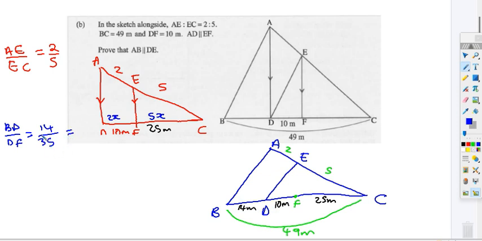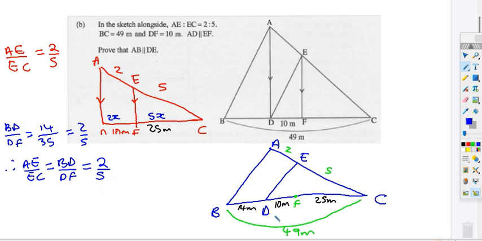And then reduce this one, divide by 7 here, we get a 2, divide by 7, we get a 5. Now you see that this side is equal to 2 over 5, and this side is 2 over 5 also. So therefore, AE over EC is equal to BD over DF, and that is equal to 2 over 5.